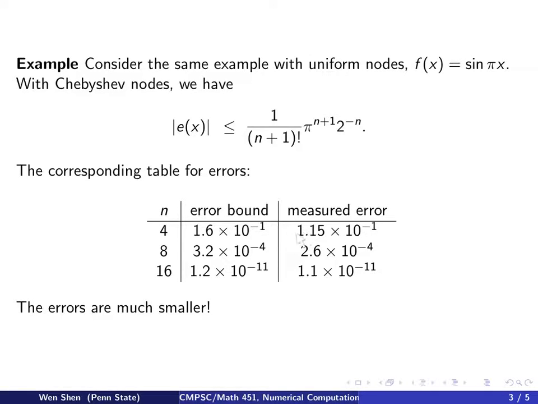They are really close, and also these two, and also these two. So not only is this error bound sharper, we also see that the error is actually much smaller. You see, this is 10 to the negative 11. And remember, with the uniform grid, we got 10 to the negative 9.